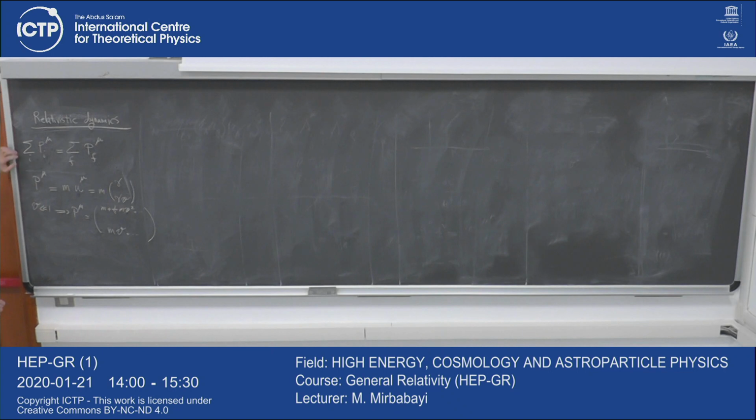So therefore the spatial component of this equation becomes the conservation of the three momenta, and the time component of the equation effectively reduces to two equations. One is that the sum of the masses are conserved.